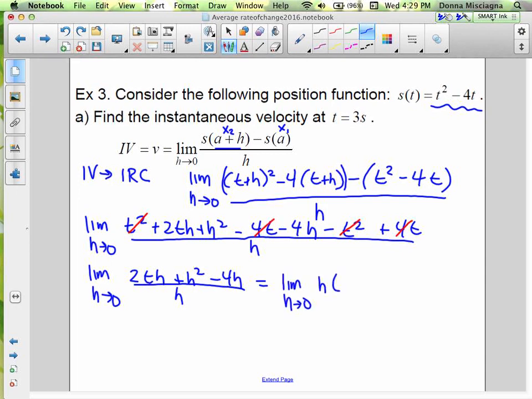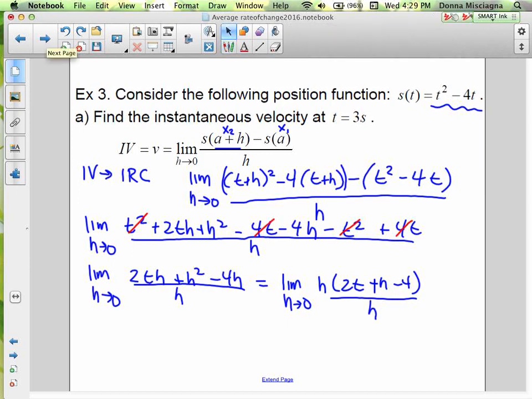We'll pull out the h there, and we got a 2t, and we have another h, and we have minus 4, divided by h. Now we can cancel these two out. And now it won't be indeterminate no more. Now we can plug in.